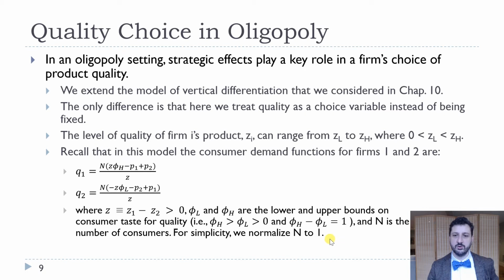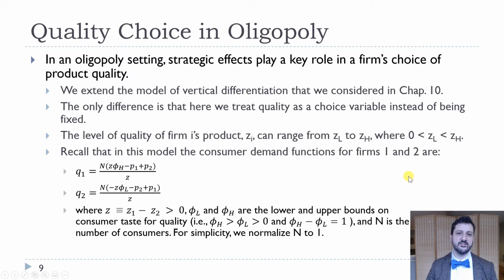What we assumed before, and as we'll see this is important, is that the distribution of quality preferences is evenly distributed. If all consumers prefer higher quality, or all prefer lower quality, that makes a difference in where firms produce.